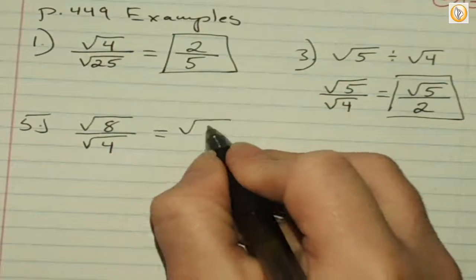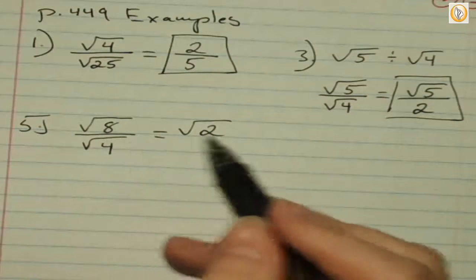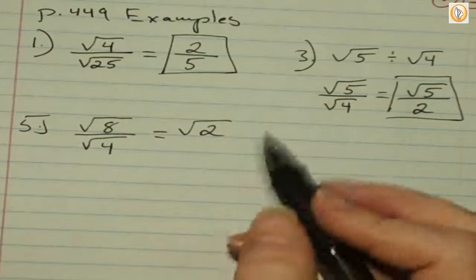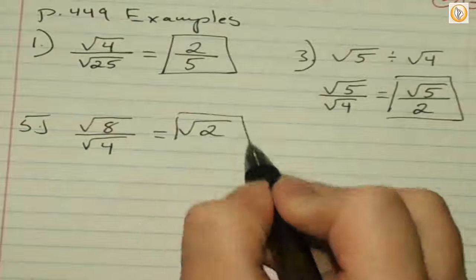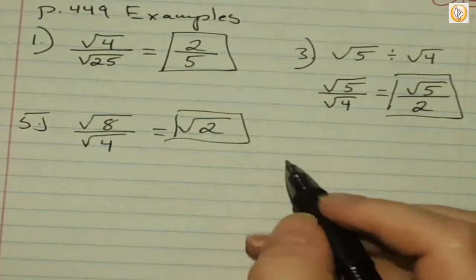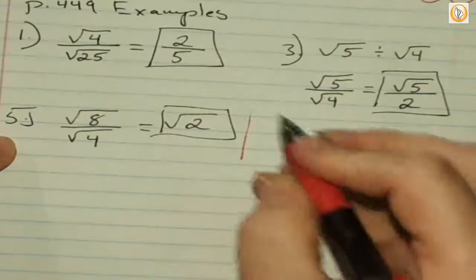So we can have the square root of 2. So you want to check that out. If they can be divided evenly, then you need to do that. Can this be simplified anymore? There's your answer.